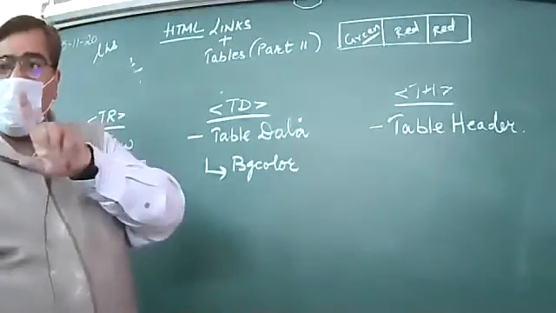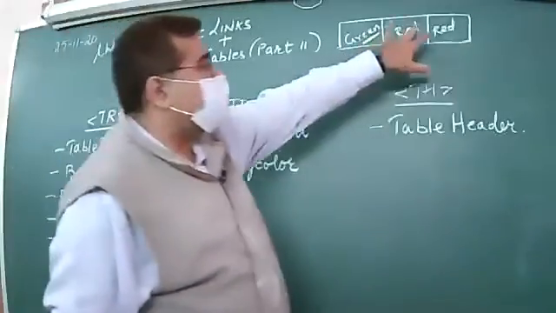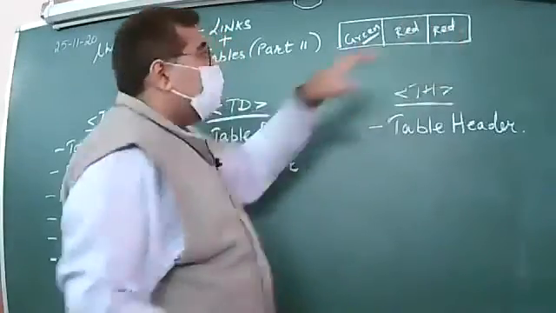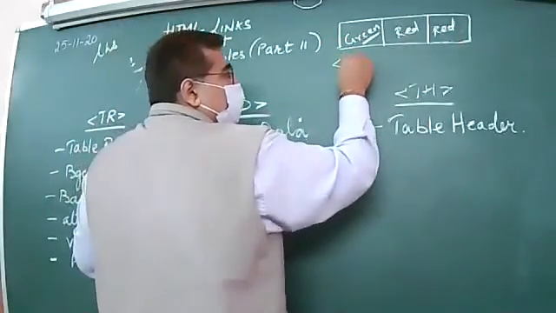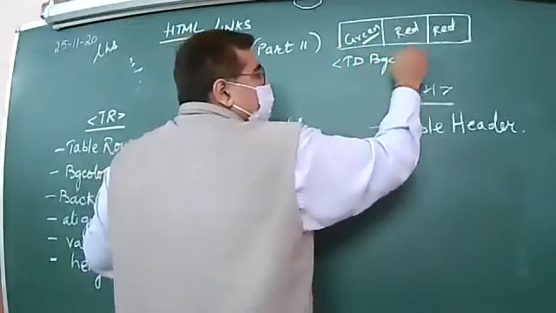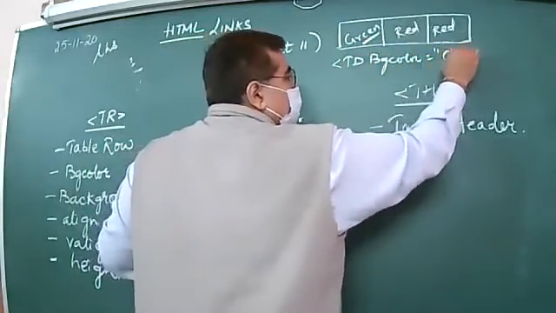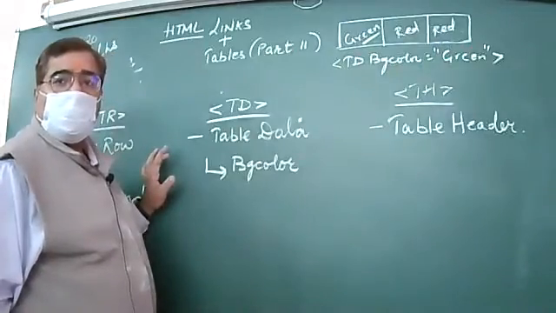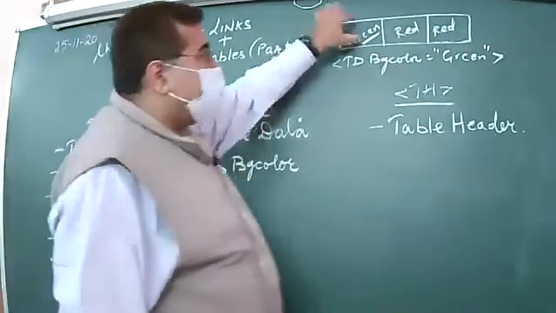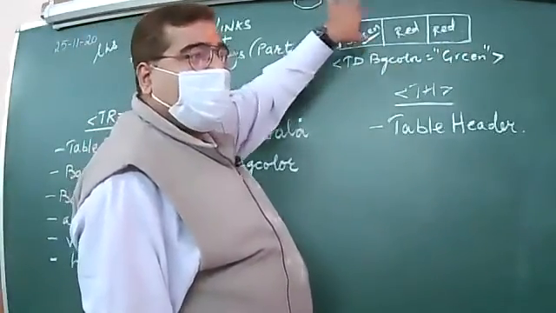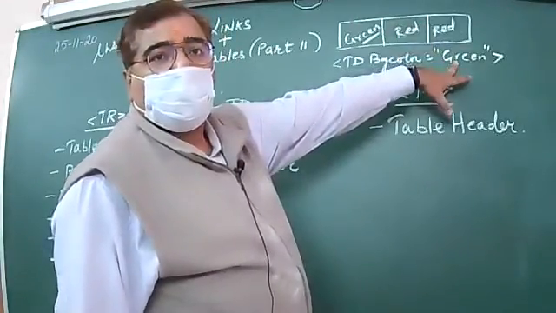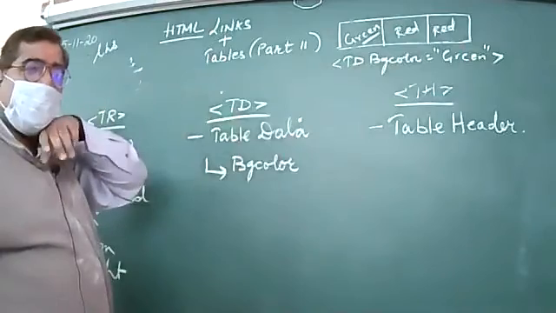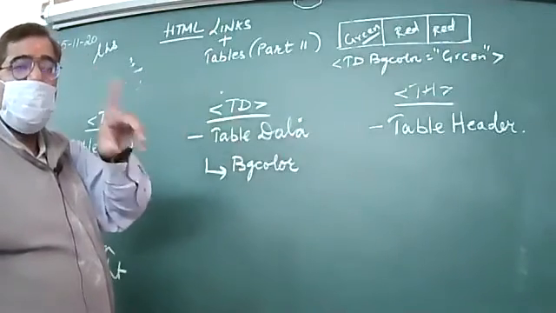One individual cell you want in green color, 2 cells you want in red color. Right? So for this particular cell, you can set BG color green. So this individual single cell will be coming in green color. So BG color attribute of TD tag is used to specify the color of one individual cell.